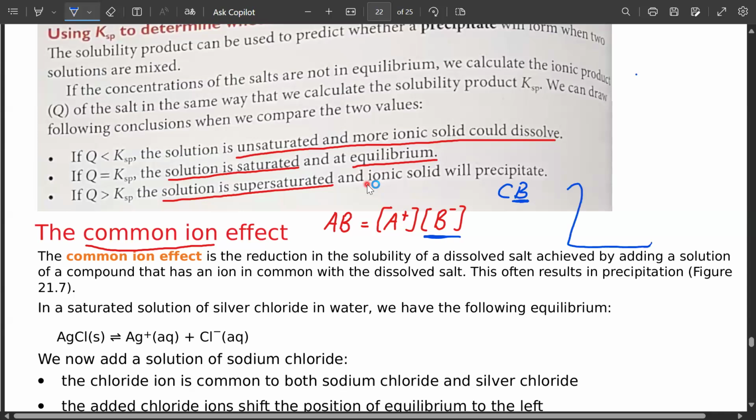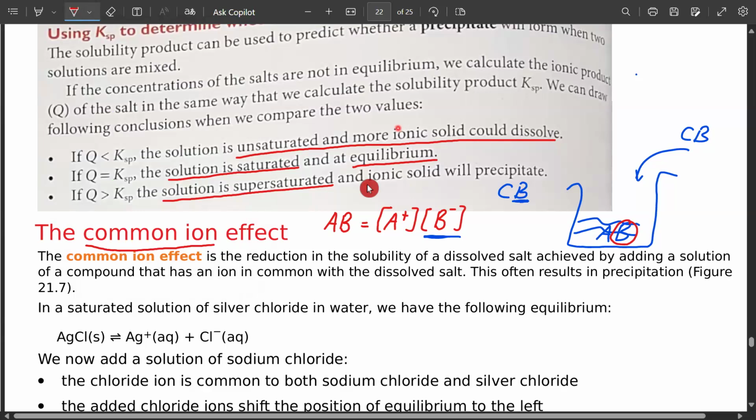If I have a beaker in which there is a solution of AB already present, then I will add some amount of CB into it. So what will I have? I will have more of the B negative ion because of this additional CB, right?